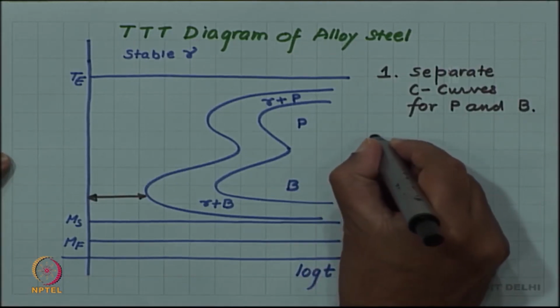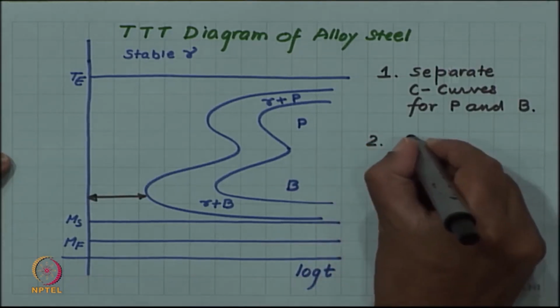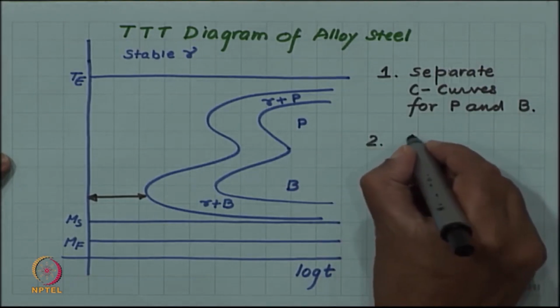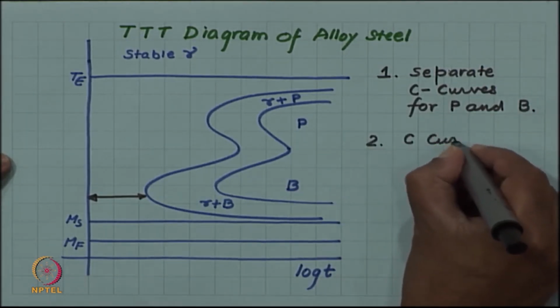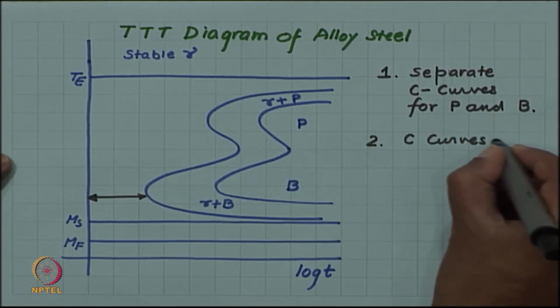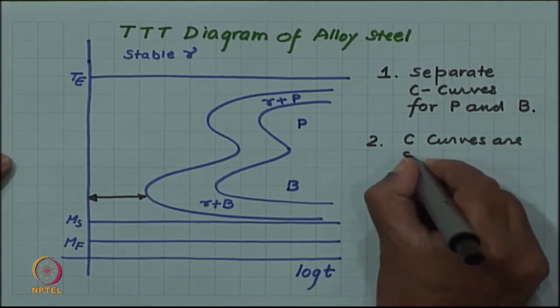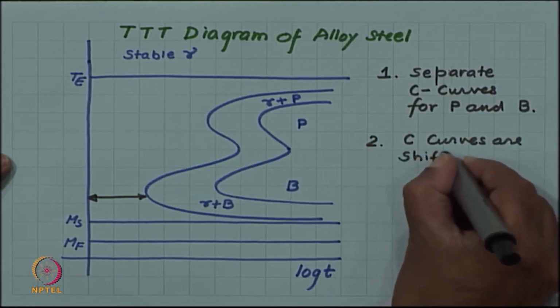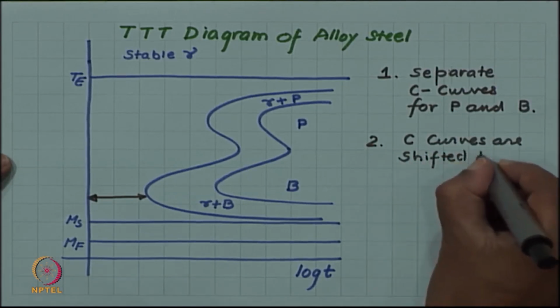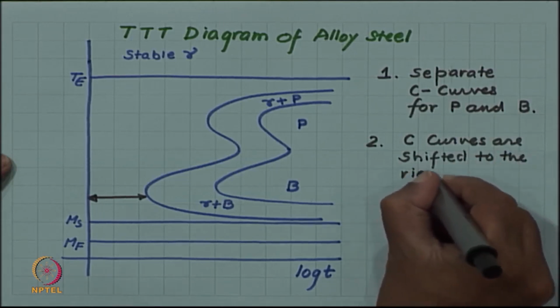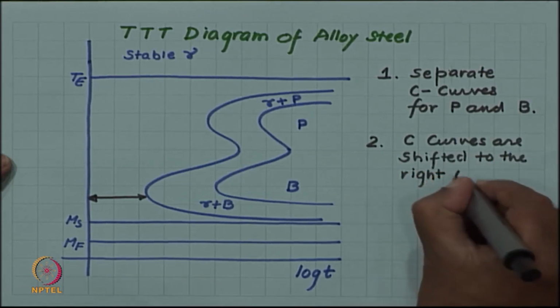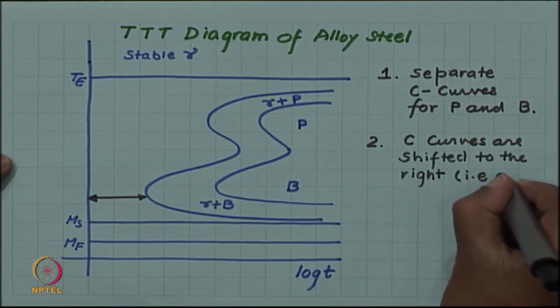So, we can say C curves are shifted to the right, that is, to higher time scales.